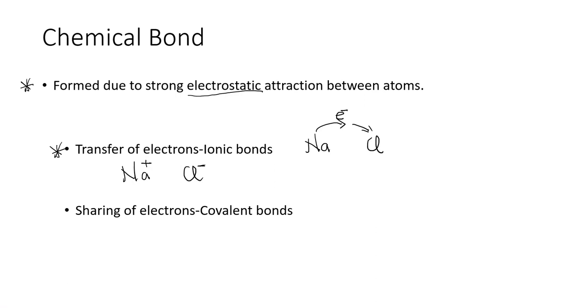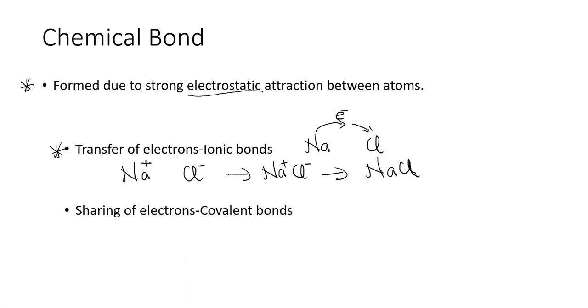When you bring them together, the opposite charges are going to attract each other. So there will be an attraction between the positive and negative to form something which is really close. Actually, in the end, you form a compound.